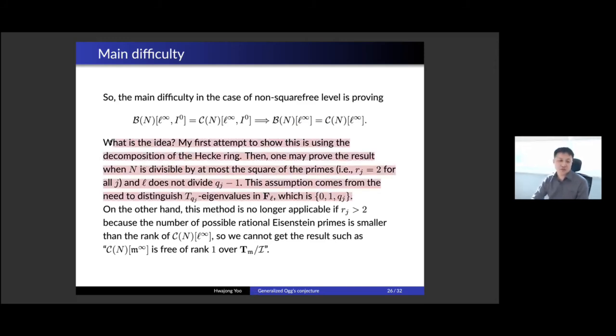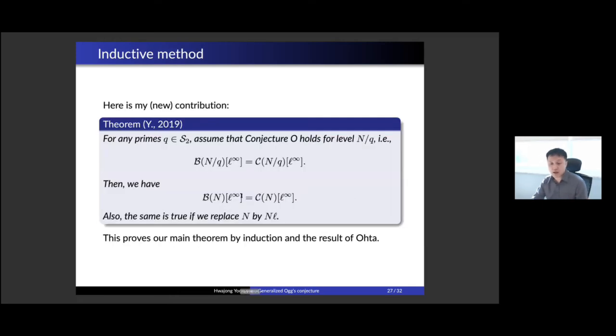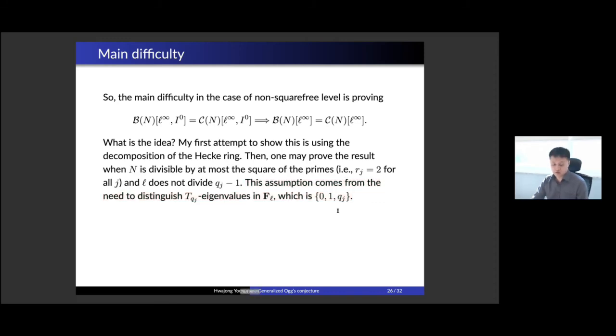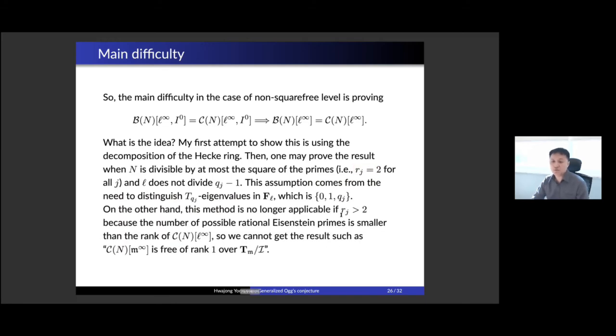Applying some idea, but this idea is almost the same as before, and we cannot remove this assumption. Because if we assume r_j is at least 3, then the number of possible rational Eisenstein primes is smaller than the length of this one.